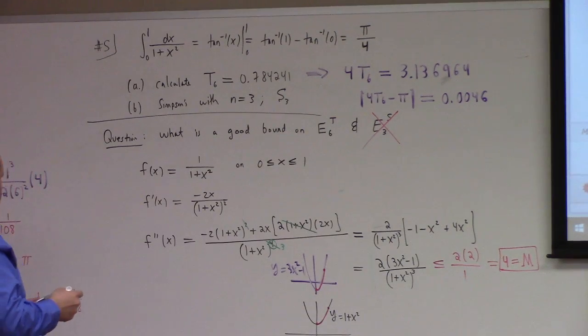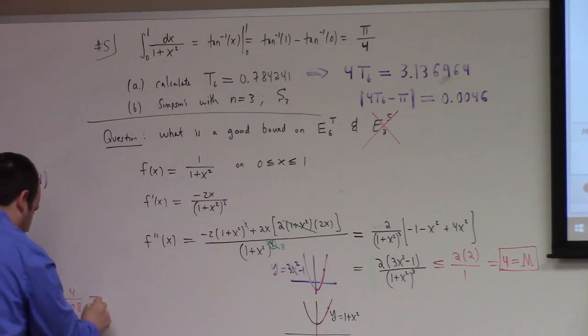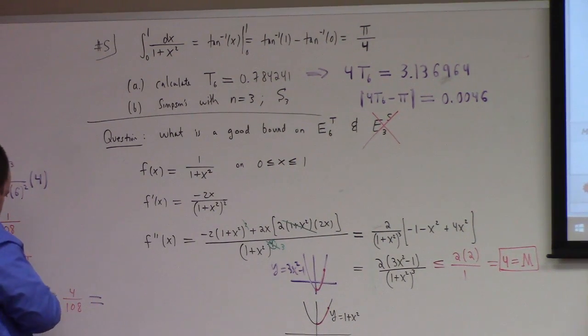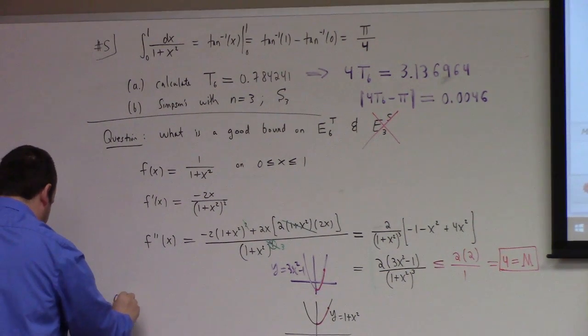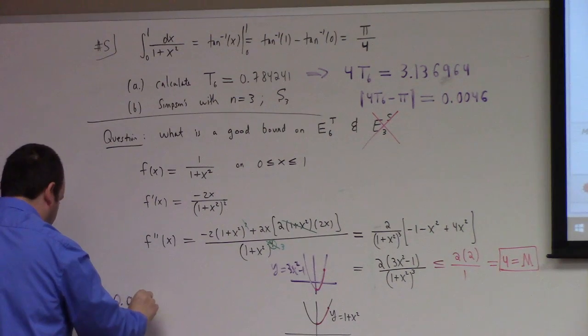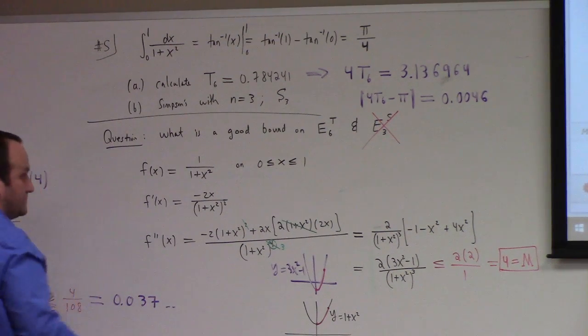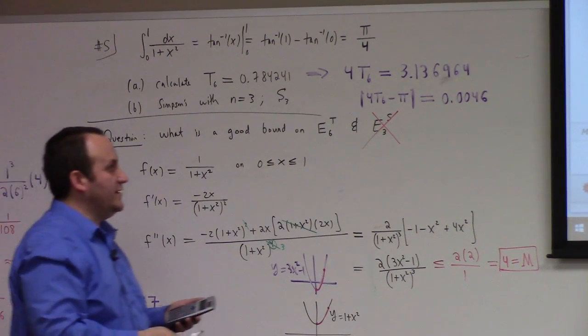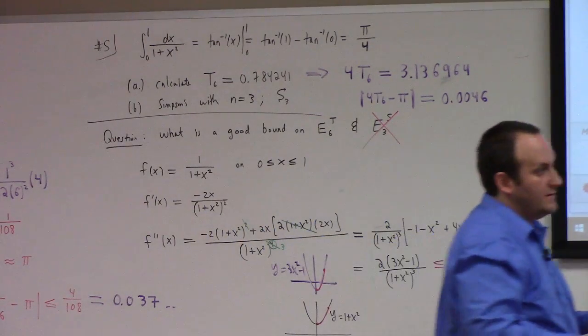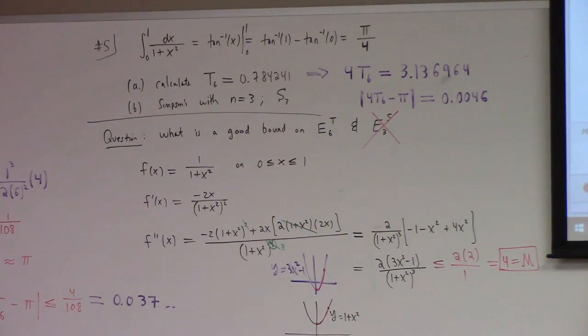As you can see, 4 divided by 108 is what? 0.037. As you can see, we are well within the tolerance that is suggested by the theorem.